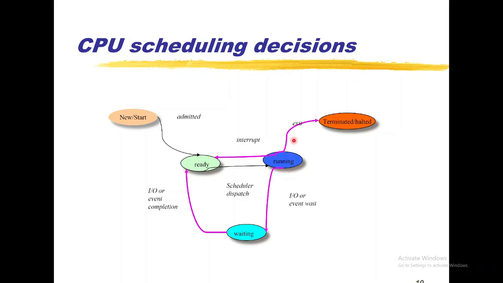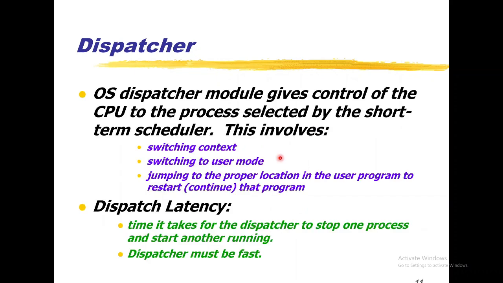Once it finishes, it exits and is terminated. But if it's running and there's an interrupt, it can head back into the ready queue. An interrupt could be, maybe, the time slot allocated to it has expired. It now goes back and lines up again.